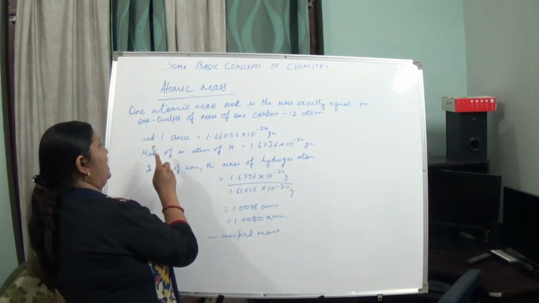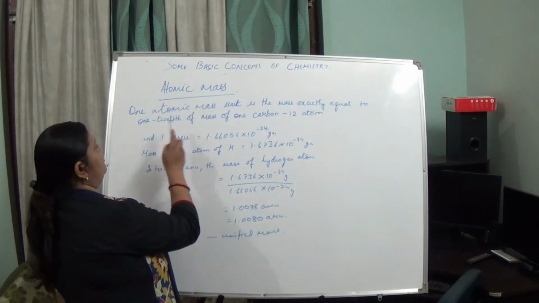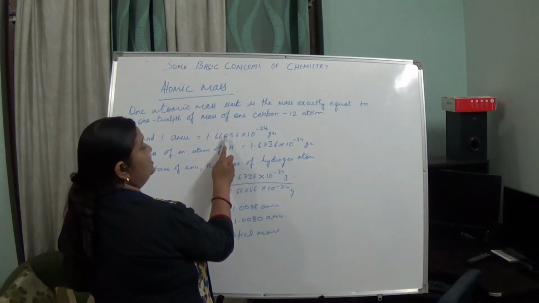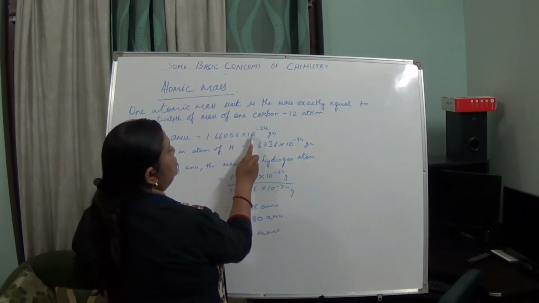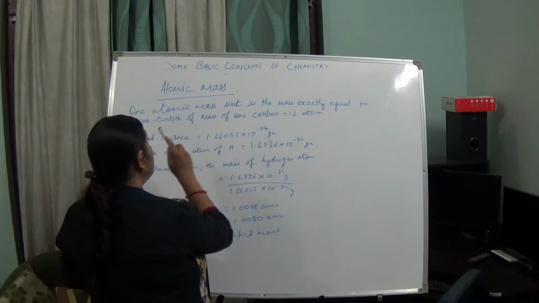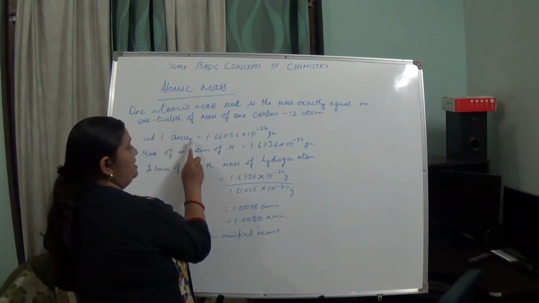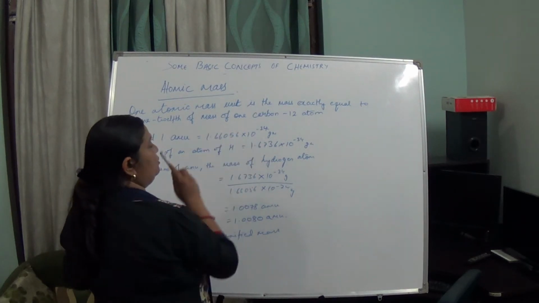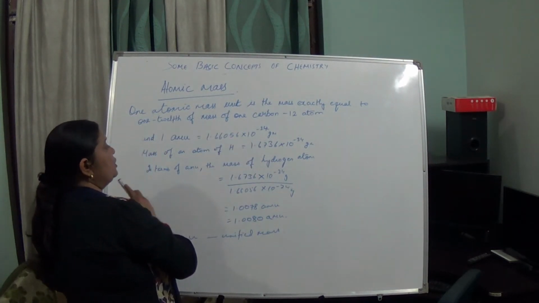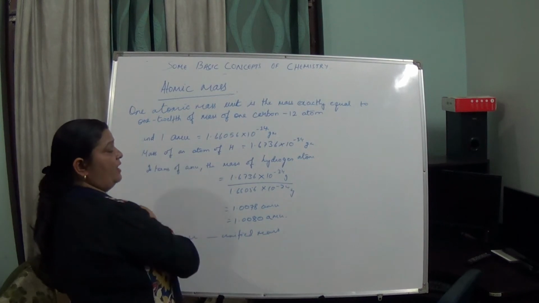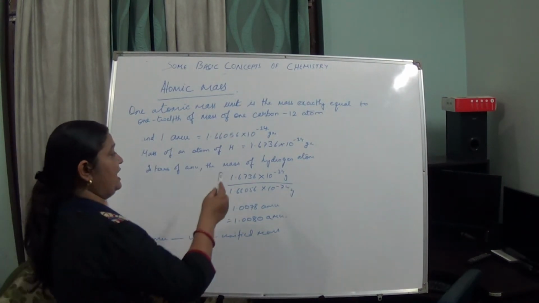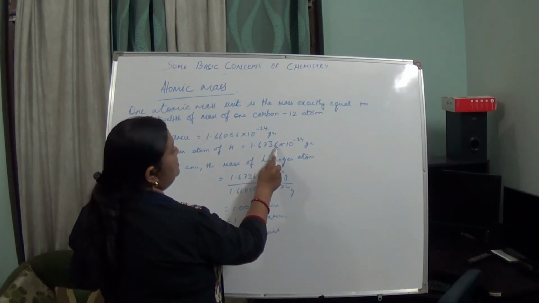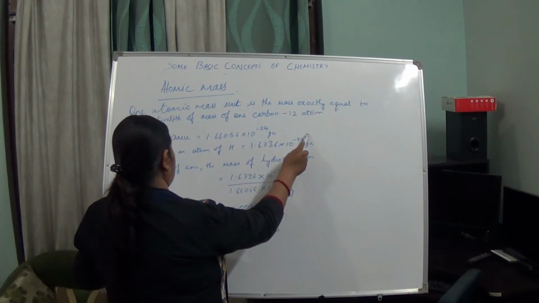So if we take this in reference to 1/12, we get 1 atomic mass unit equal to 1.66056 into 10 to the power minus 24 grams. The mass of an atom of hydrogen, which was calculated, is 1.6736 into 10 to the power minus 24 grams.